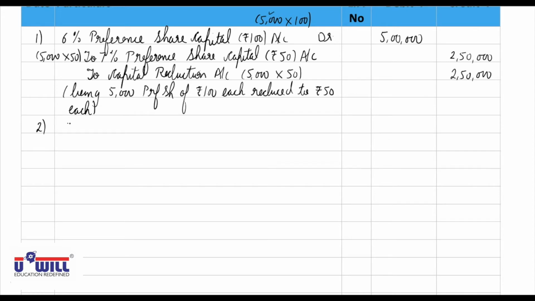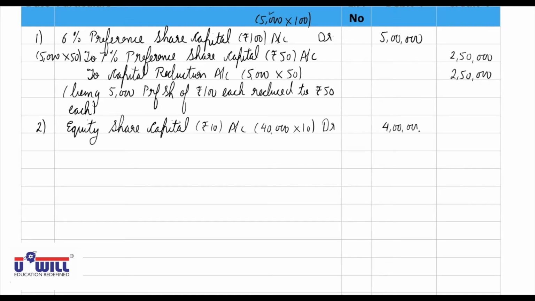So all of you write down equity share capital with old face value, that is rupees 10 account debit, with 40,000 into 10, 4 lakhs. Now they are reduced to rupees 3.